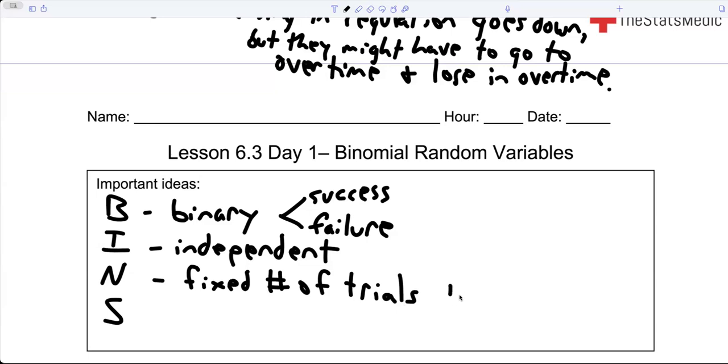And we denote that by n. Okay, and so in this case, n was equal to 3. He was shooting 3 free throws. And the last one, we have the same probability for each trial.